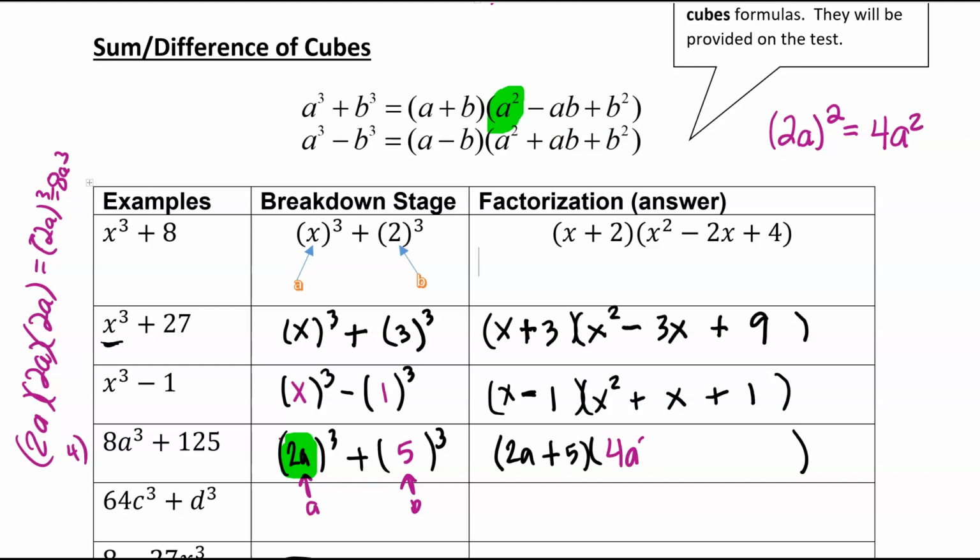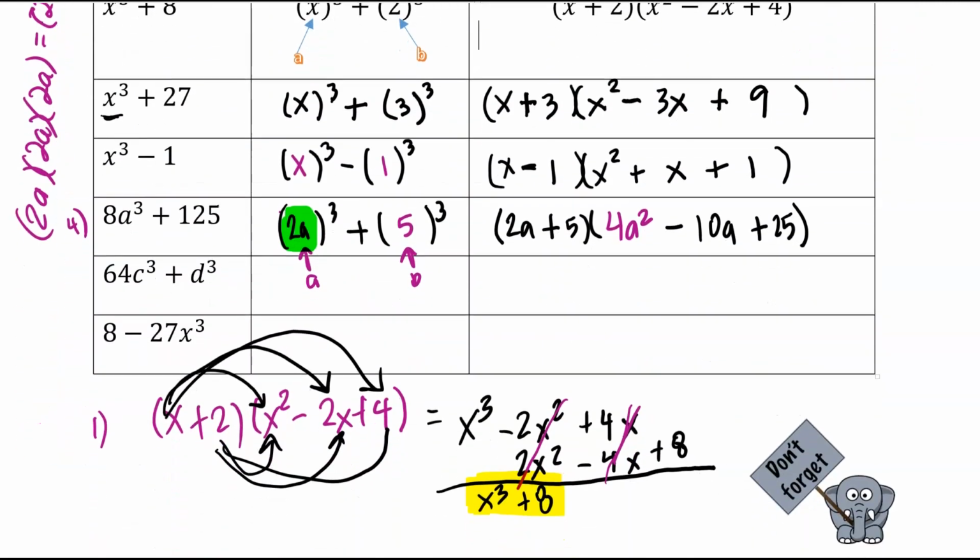So this should be a 4a squared here. Minus, and I'm just following the formula, A times B would be 2a times 5, which is 10a, plus 5 squared would be 25. And this 2a plus 5 times 4a squared minus 10a plus 25 will give you the 8a cubed plus 125. Let's move on to the next problem.